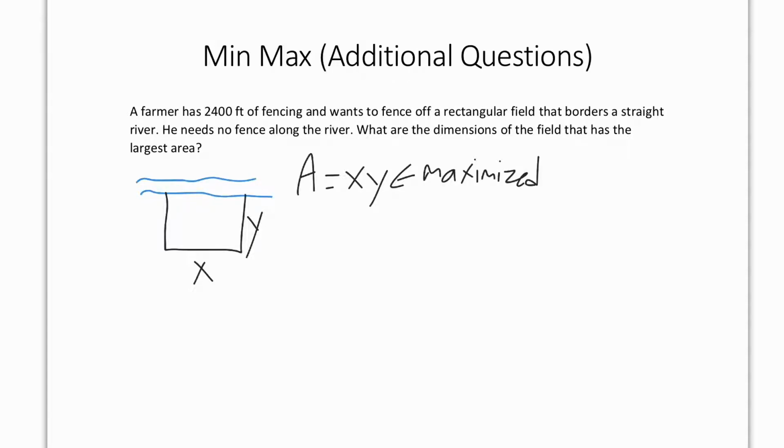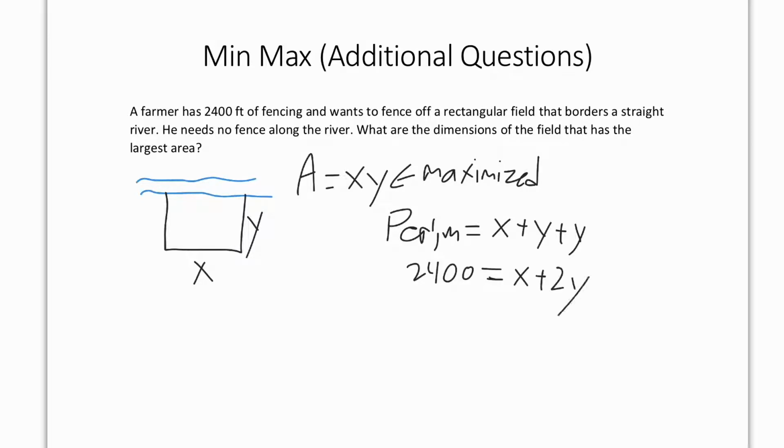Well, we can go ahead and find another equation, which is, of course, the perimeter. So the perimeter would equal x plus 2y, and we know the perimeter is 2,400. So 2,400 equals x plus 2y.